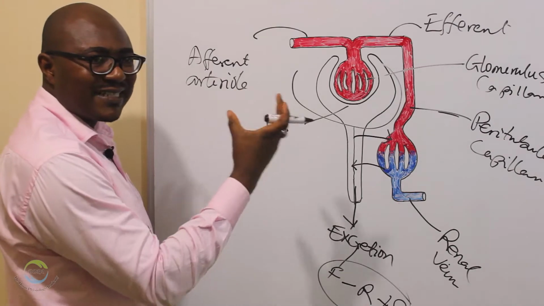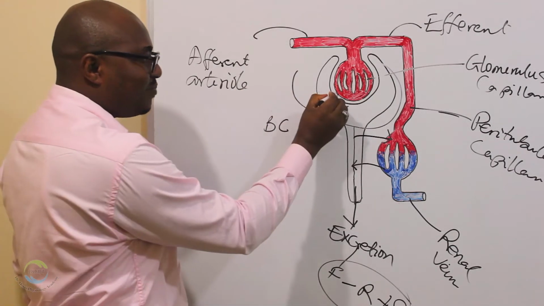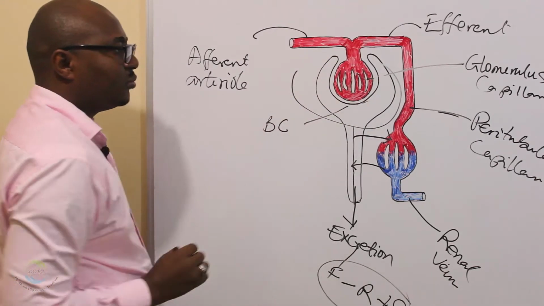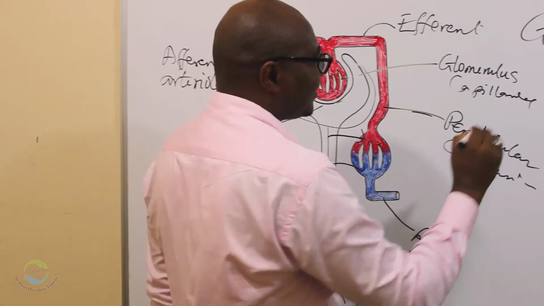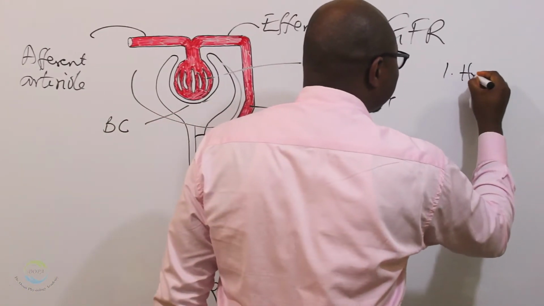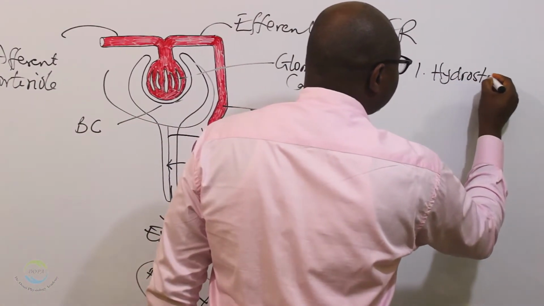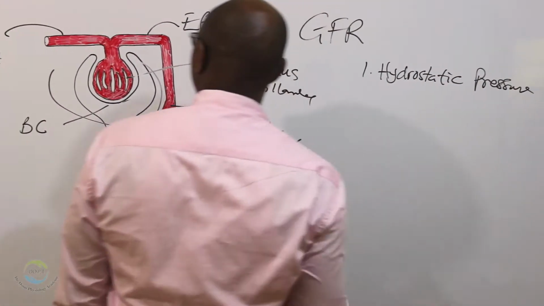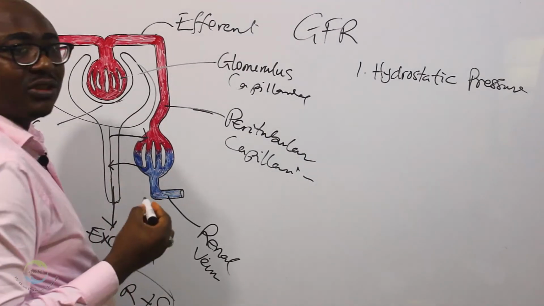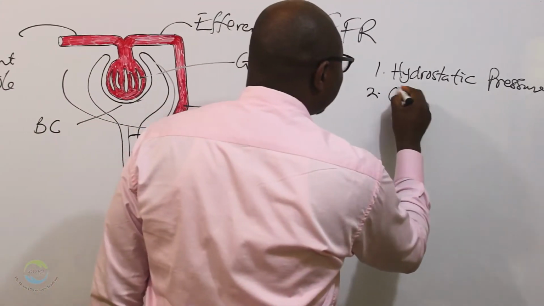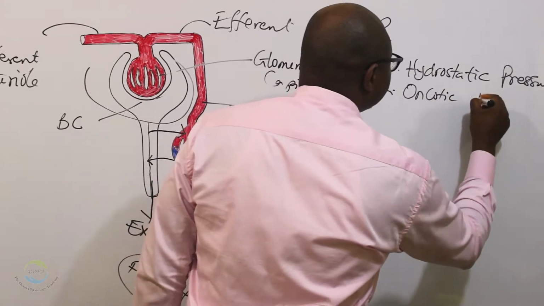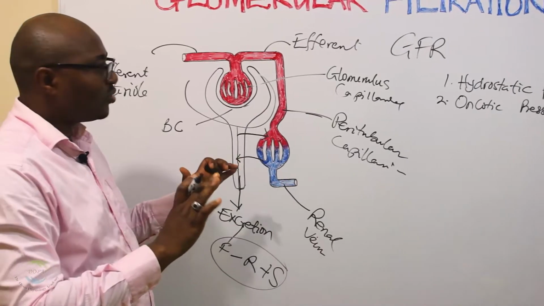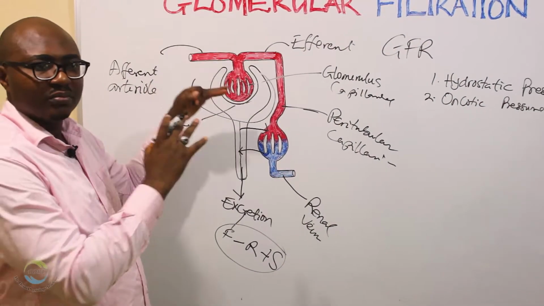There are certain forces that play a role at this junction. One of them is known as the hydrostatic pressure. Another one is known as oncotic pressure. Hydrostatic pressure is derived from the blood pressure.